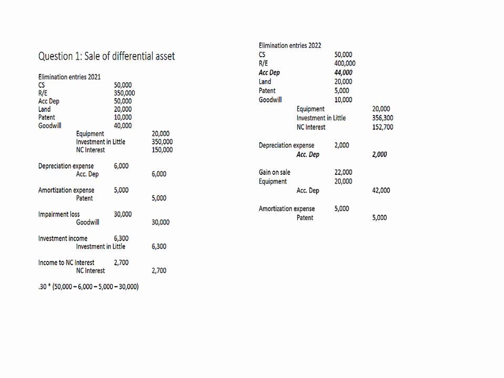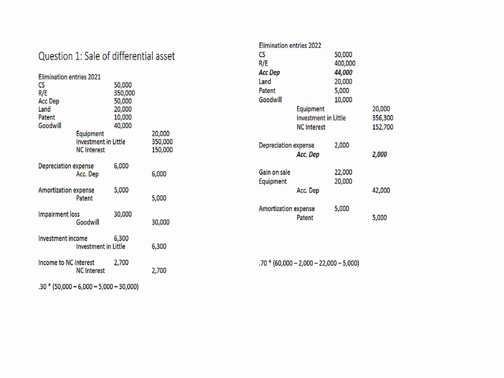We take our second and final year of amortization expense on the patent, and then we need to go ahead and eliminate our investment income. And again, let's do this the same way we did in 2021. The parent is going to be allocated 70% of Little's adjusted earnings.